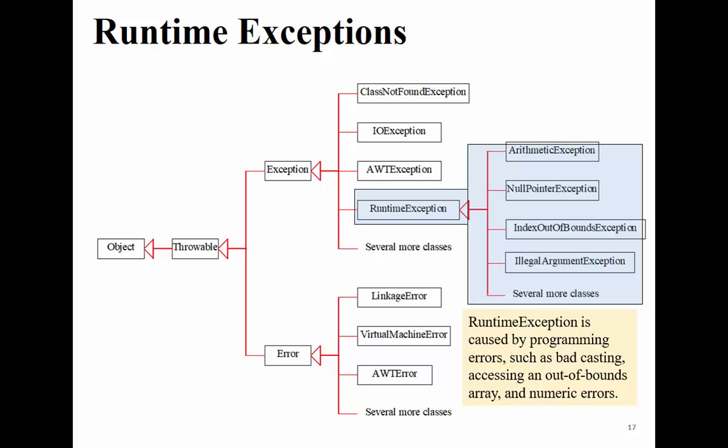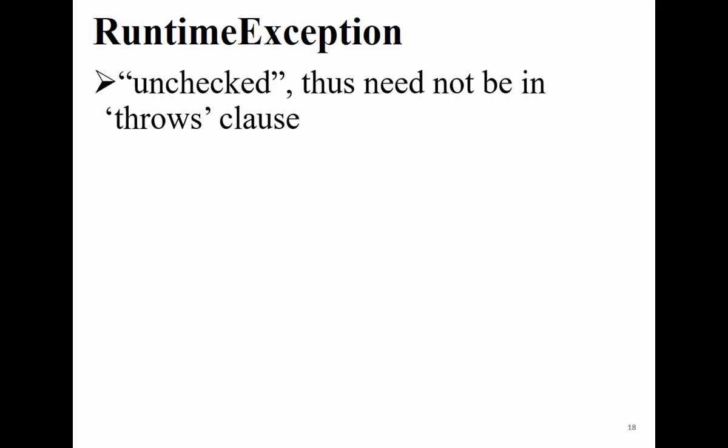We're going to see this when you define an array and you try to access an element that does not exist in the array. And also IllegalArgumentException, and there are several other exceptions. So this is a complete hierarchy of exceptions in Java.